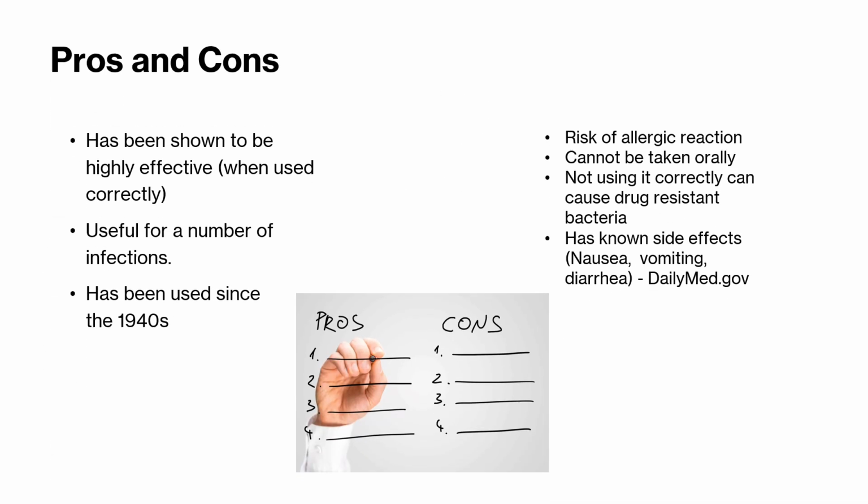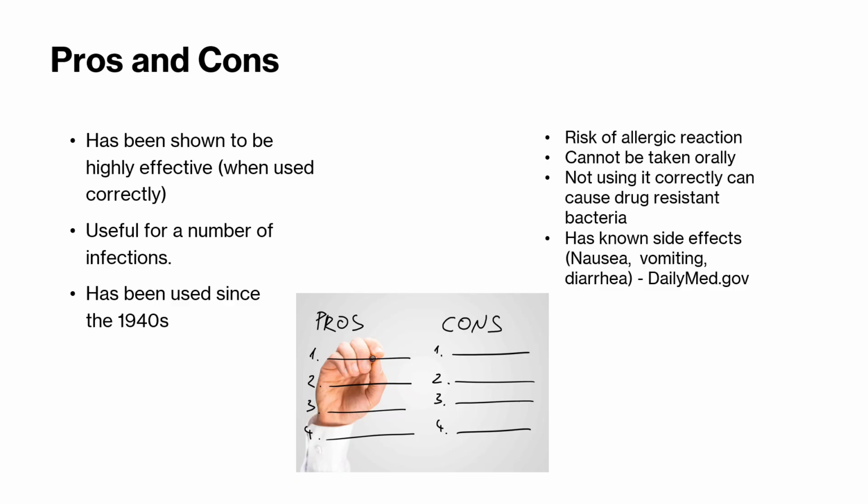And of course, now we have to mention the pros and cons, because every drug out there has its pros and cons. The pros for this drug would be, obviously, it has a high effective rate when used correctly. As mentioned before, if used incorrectly, the bacteria could form a drug resistance, which would make it a lot harder to deal with.